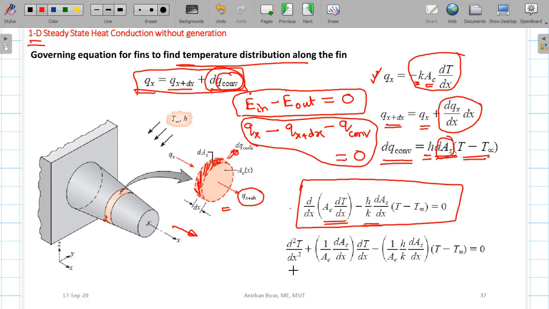If you do that and divide both sides by the cross sectional area, you will get this expression. This is the equation that describes the temperature distribution in the fin. If you solve it with the proper boundary conditions, you will get the temperature field.